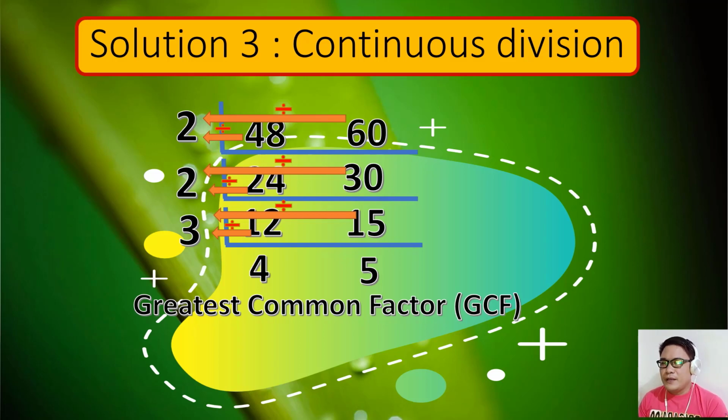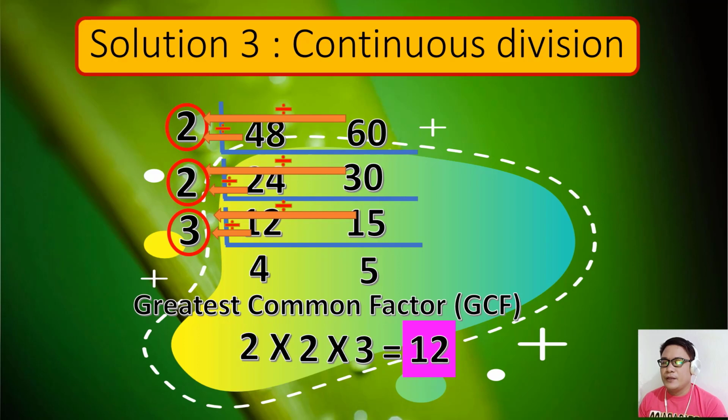The common prime divisors are 2, another 2, and 3. So 2 times 2, 4 times 3 is equal to 12. Therefore, the GCF, or the greatest common factor of 48 and 60, is 12.